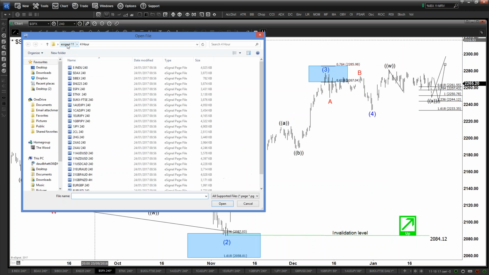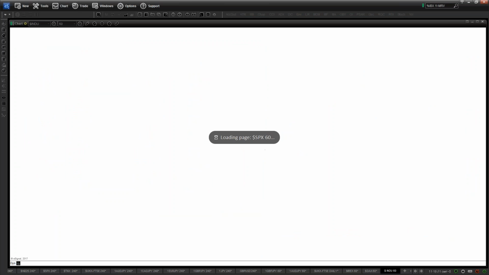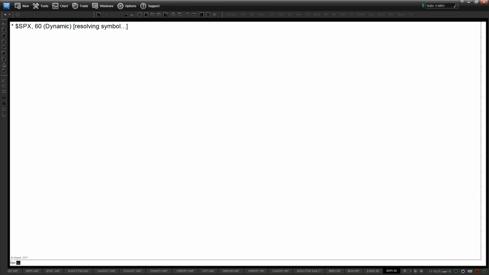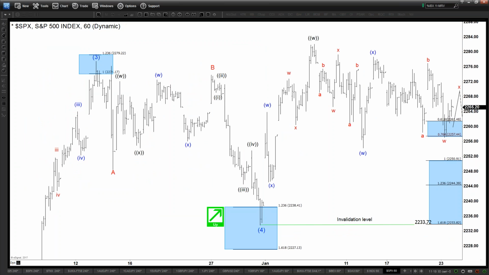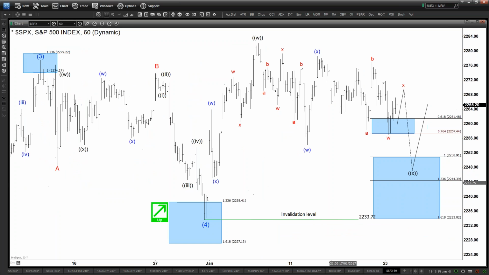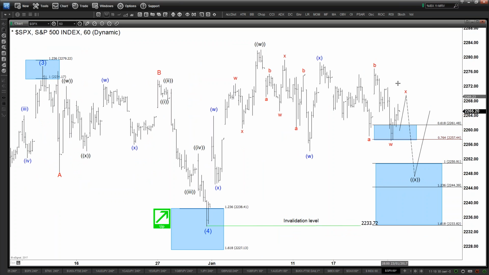Okay, so if you take a look at the 1-hour charts for these two instruments, we can see that it could be in the X wave in red. It's already near the 50 back, and from there can make another push lower still.